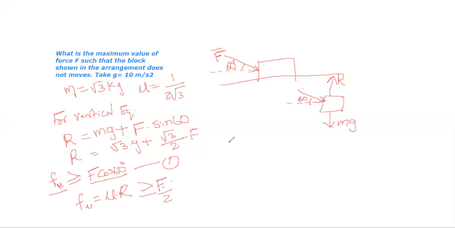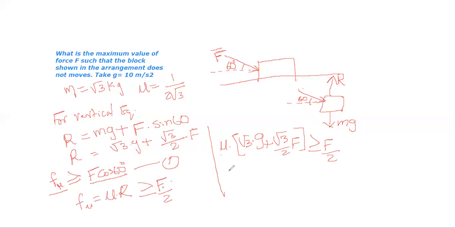So what we will get is mu times R, that is square root of 3g plus square root of 3 by 2 F, must be greater than or equal to F by 2, for the block to be stable there, not moving on the surface.